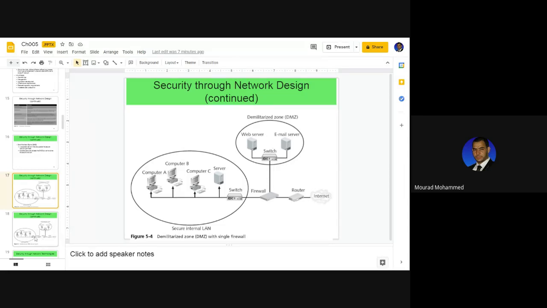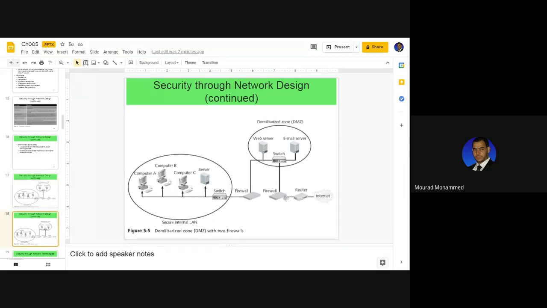But for the model where the demilitarized zone is made up of two firewalls, everybody, even admins, has to pass through the demilitarized zone, and then they get into the main network. Not only hackers. This is tougher, more severe. For whom? For the hackers, the attackers, the intruders.